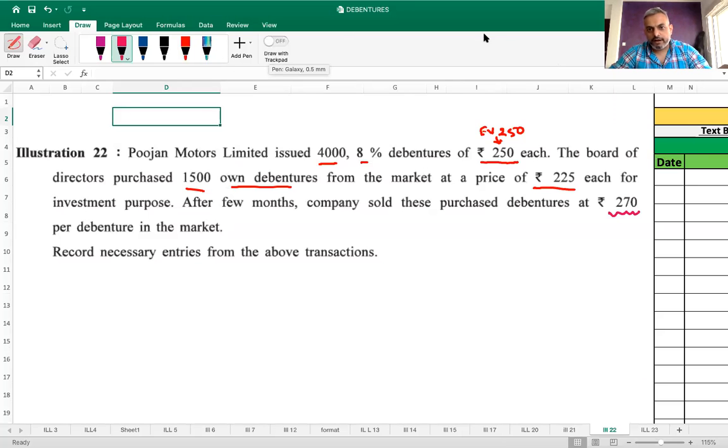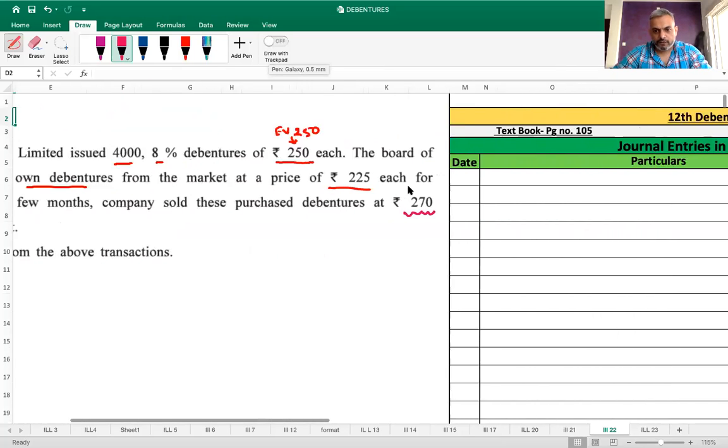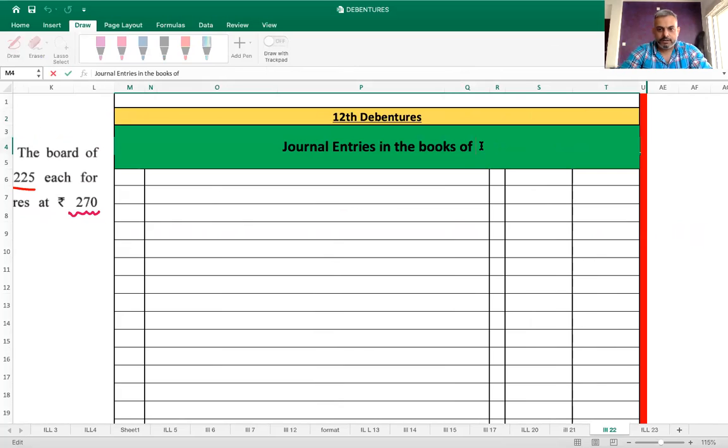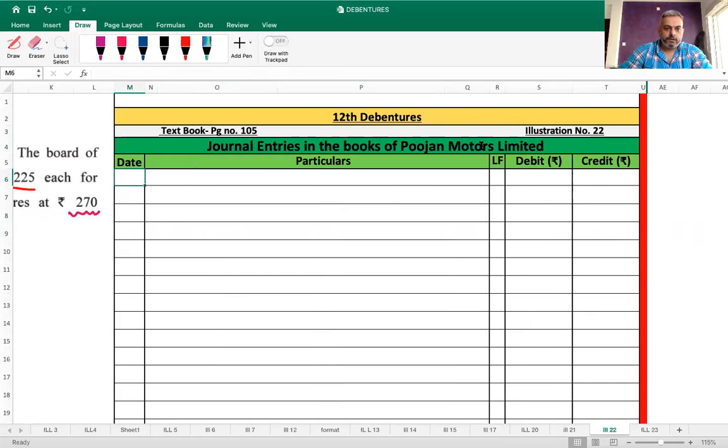Okay, so let's start with the first entry. The company issued 4,000 debentures. As a date is not given, we just write the heading, write the page number. Pujan Motors Limited. So serial number 1, bank account.